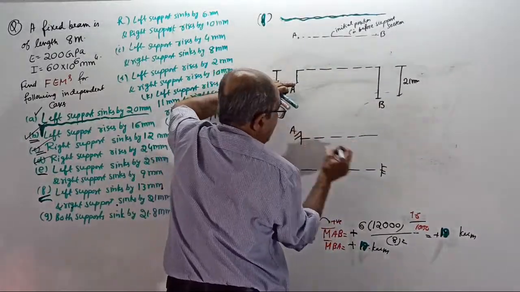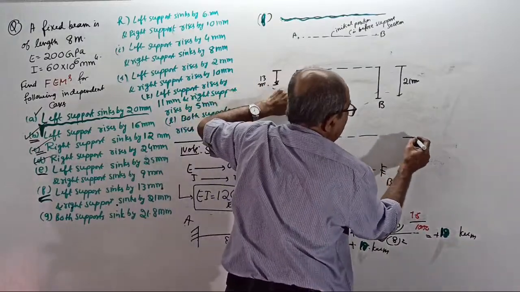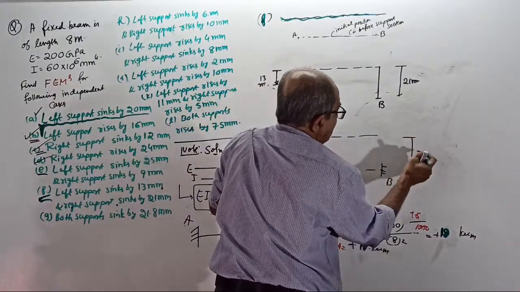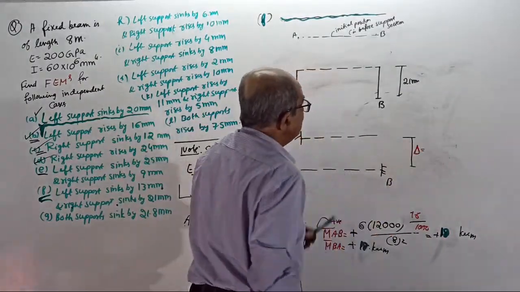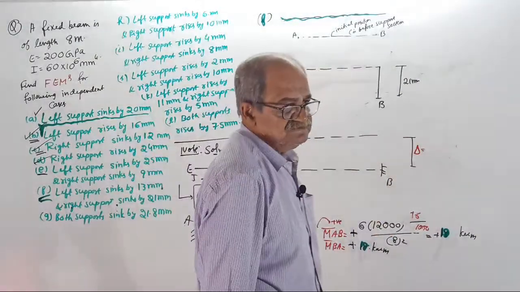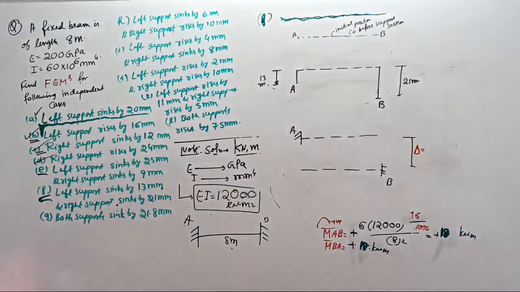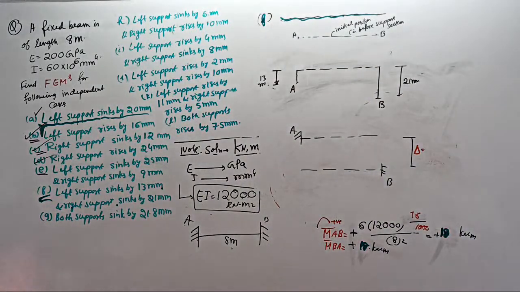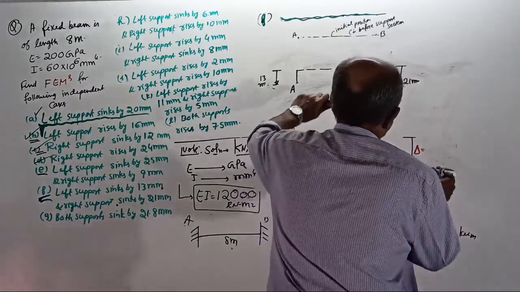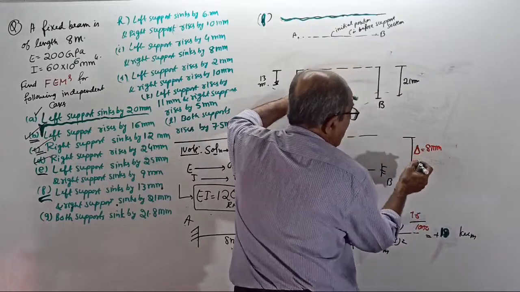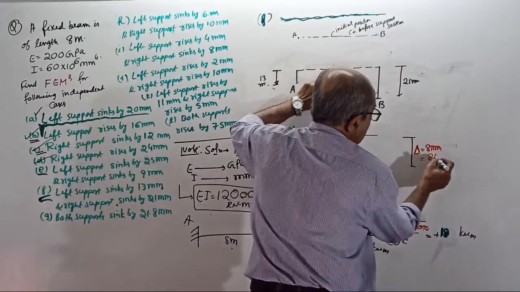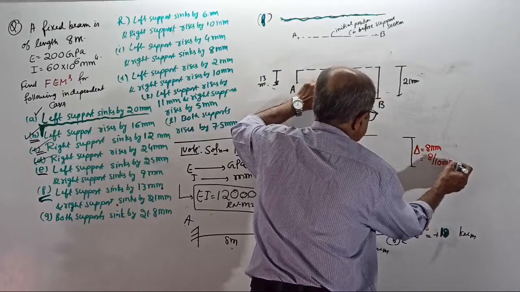This is A, this is B. Somewhere here, this is delta. Tell the answer, delta. Delta, 8 millimeter. Suppose someone is not able to know how 8 mm, leave the class. Equal to 8 by 1000 meter.